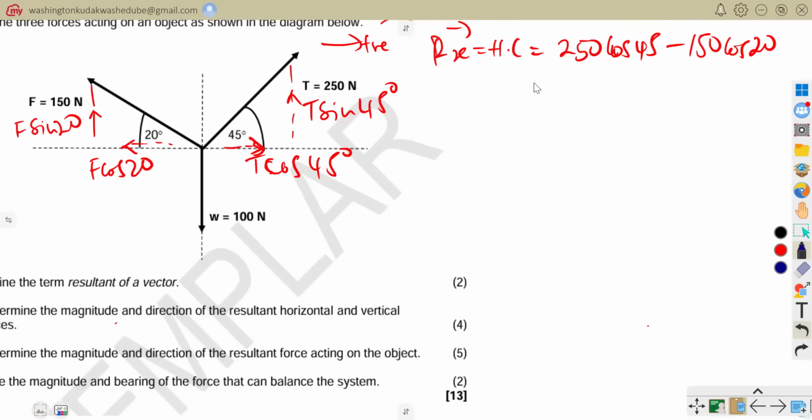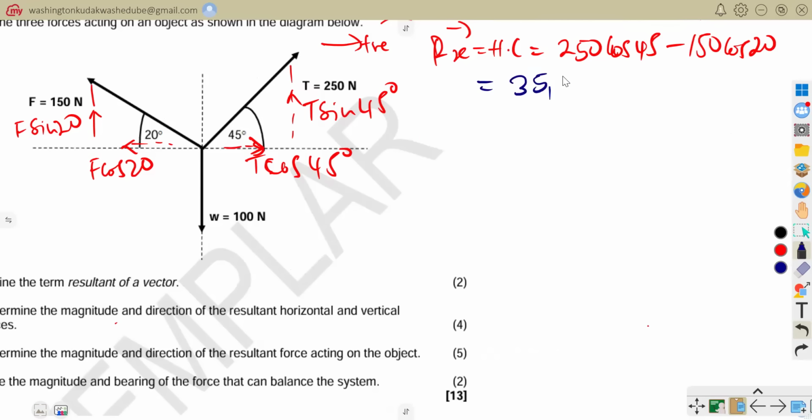So the resultant there would be equal to what? If you say 250 cos 45 minus 150 cos 20, on your x-axis you would be having a resultant of 35.83.